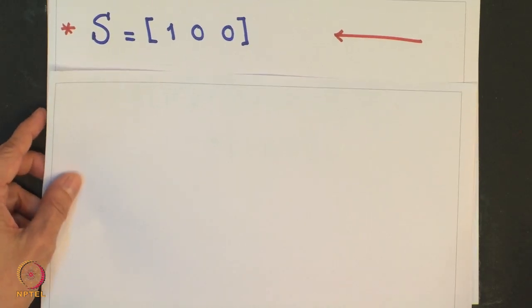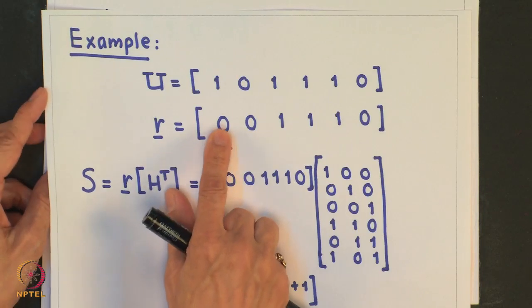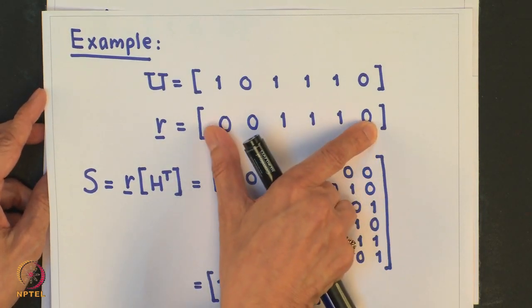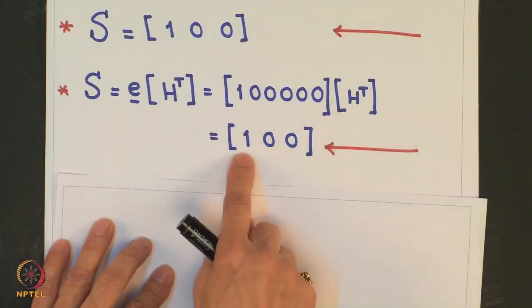And we know that there is error only in the first bit, so the error pattern is 1 0 0 0 0 0, and if we take that error pattern and multiply with H transpose, we get 1 0 0.